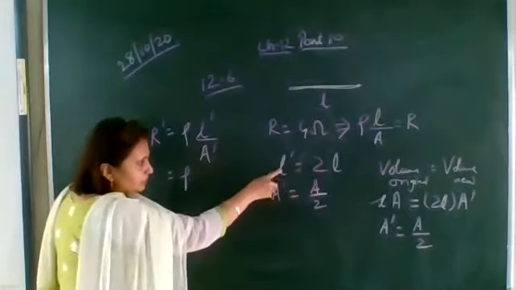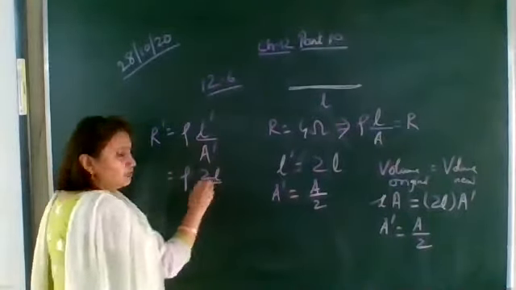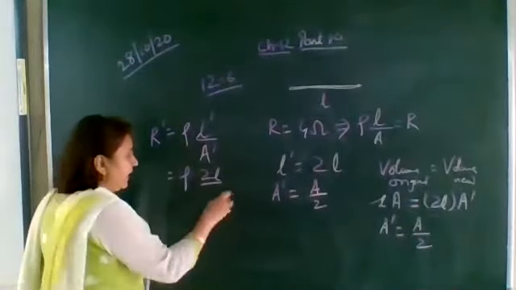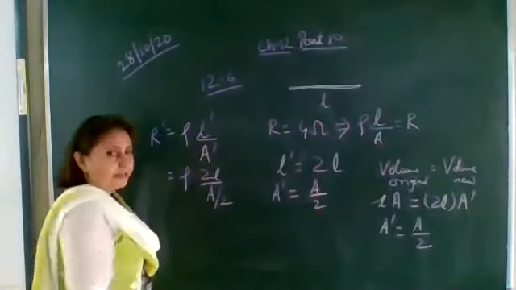Now let us substitute. L dash is the new length, that is, after stretching the length is twice the original length and the cross-sectional area is A by 2.